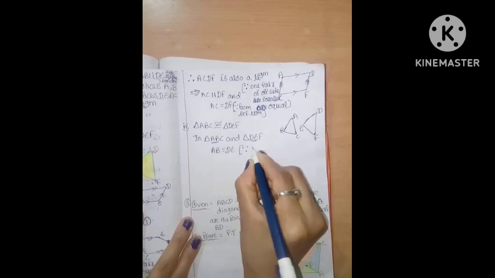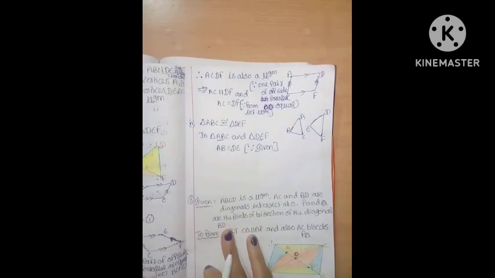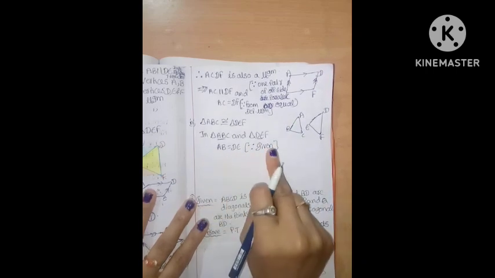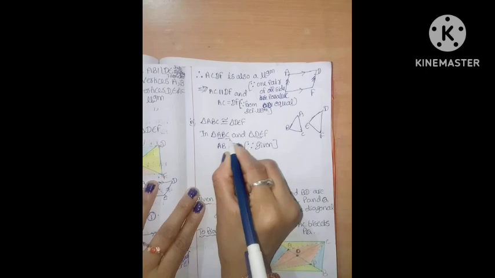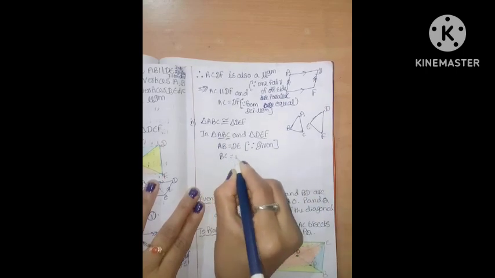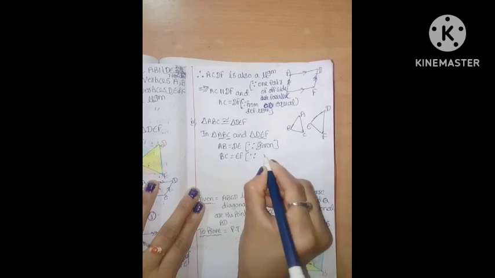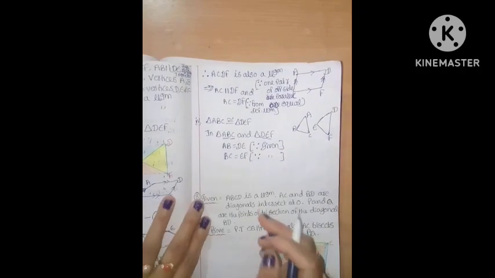These two sides are given in the question. AB parallel and equal to DE is given in the problem. So that's why these two are equal. Next, BC is equal to EF. Why is it equal? Since this is also given in the problem.